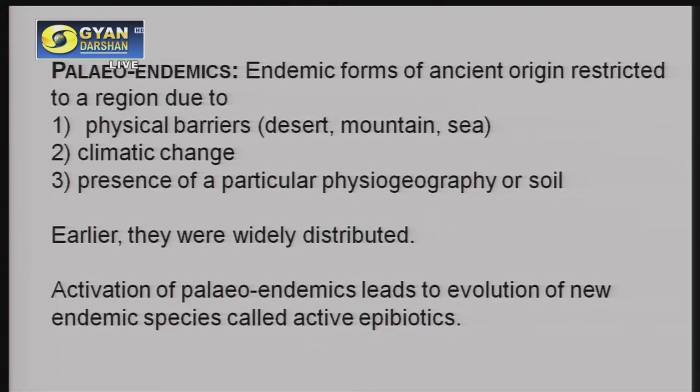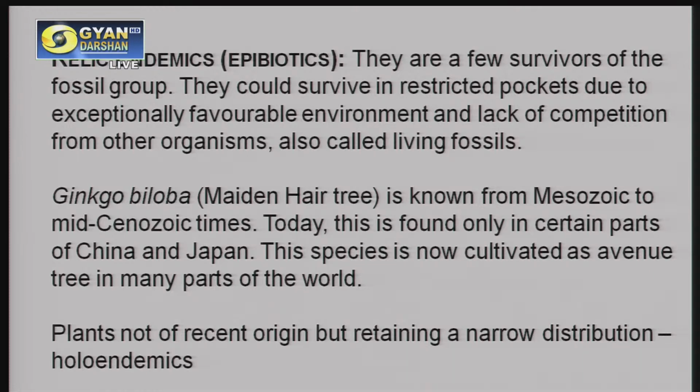Now, one very reliable example will be in the case of epibiotics. When I come to epibiotics or relic endemics, which is actually the third category of endemics, you must have heard about Ginkgo biloba. Ginkgo biloba is a gymnosperm, and it is also popularly called the maidenhair tree.